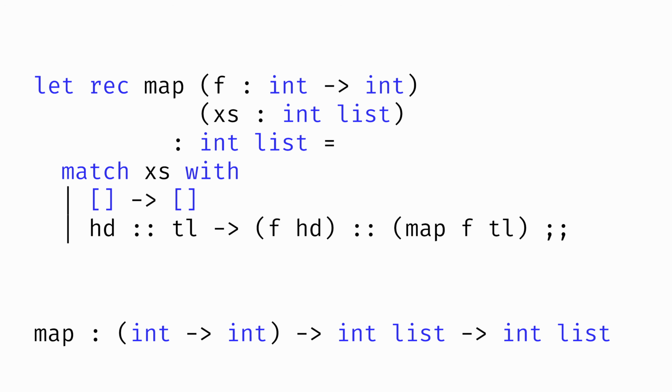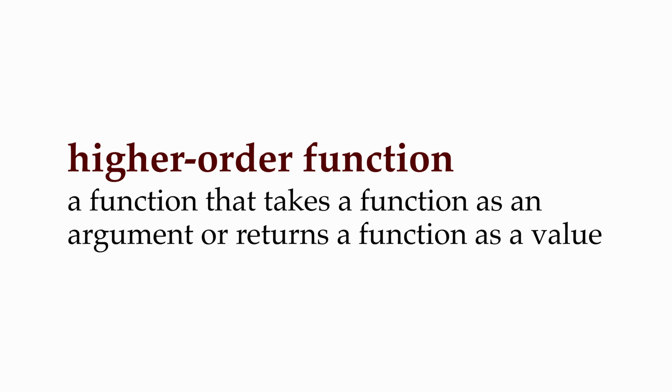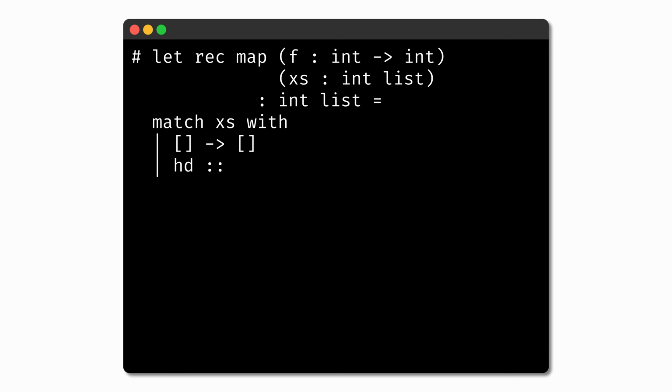The first argument is a function from integers to integers, like a function that adds 1 or any other function that takes an integer as input and produces an integer output. The next argument is the list of integers to map over, and the output is a new list of integers. This is a higher order function, where we're dealing with functions that take other functions as input or return functions as output.